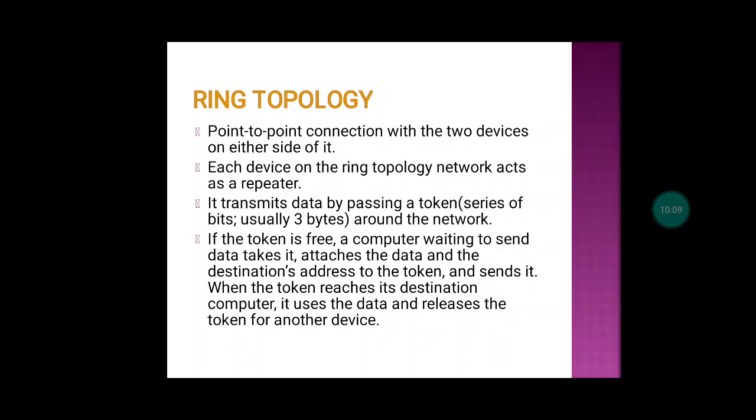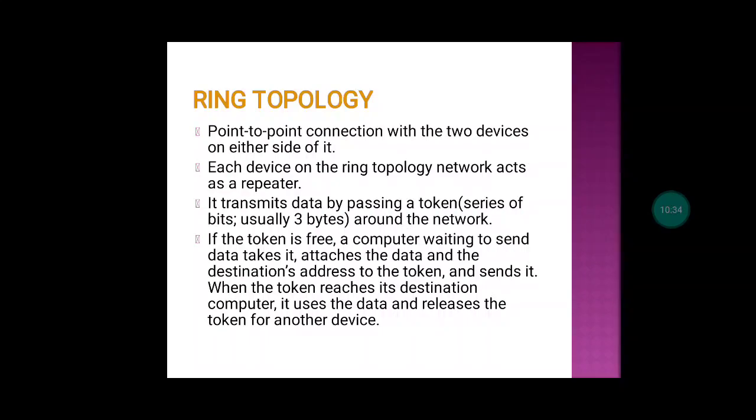A token is a series of bits, usually of 3 bytes, around the network. Now if the token is free, a computer waiting to send data takes it, attaches the data and the destination's address to the token and sends it. When the token reaches its destination computer, it uses the data and releases the token for another device.